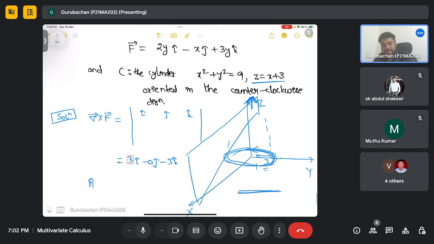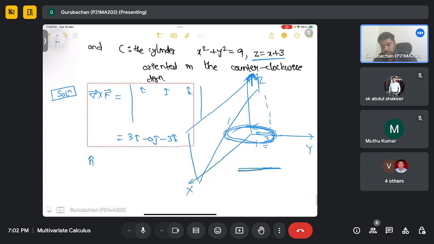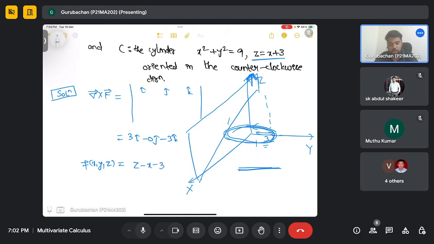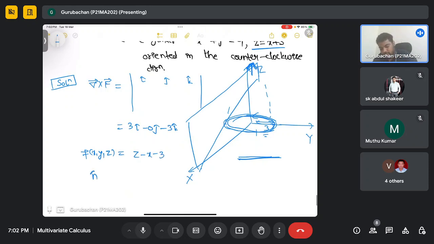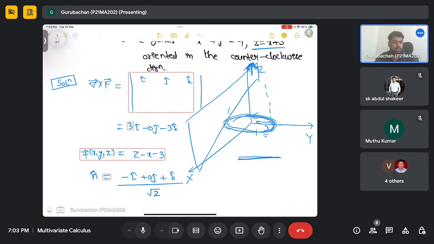This surface is z equal to x plus 3. So your f(x,y,z) will be, in this particular case, z minus x minus 3. Now n cap will be minus i cap plus 0 j cap plus k cap, divided by its magnitude, that is under root 2. That's what I want to mention in this particular question. That's why I have chosen this question.